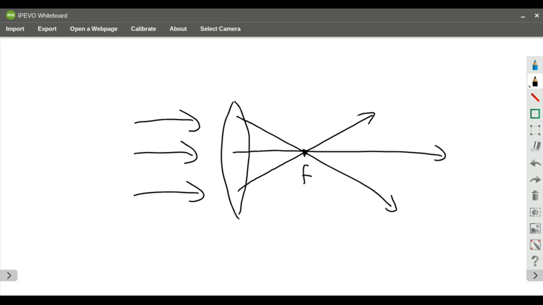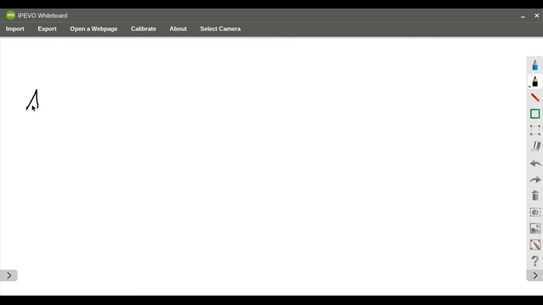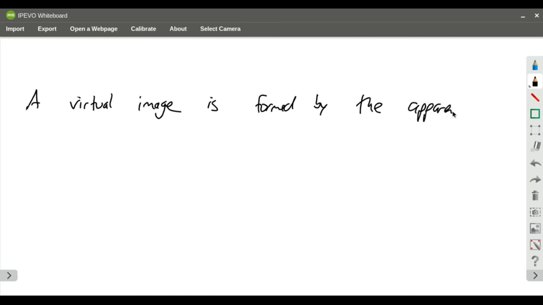All right. A converging lens can be used to produce a magnified virtual image. Explain the underlined term. Okay, so a virtual image is formed by, this is an important word here, the apparent intersection of rays of light.